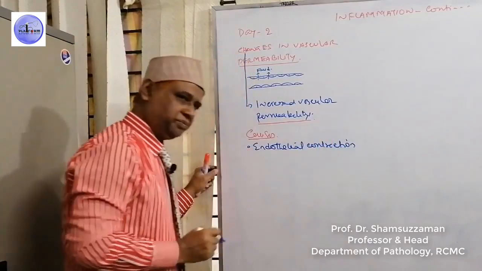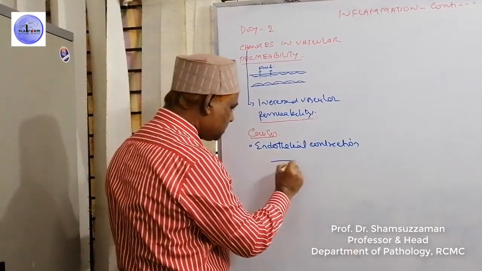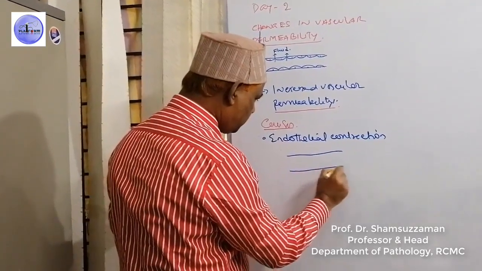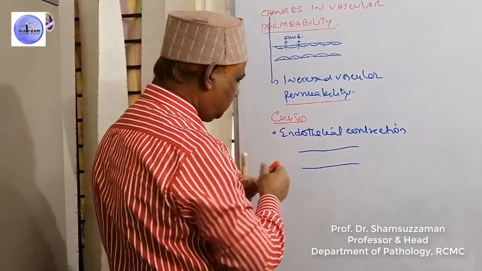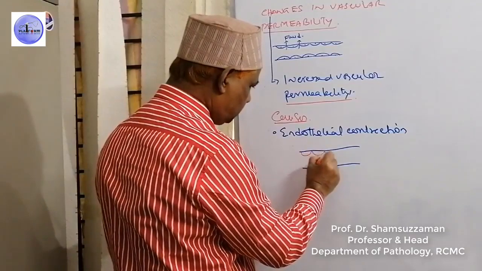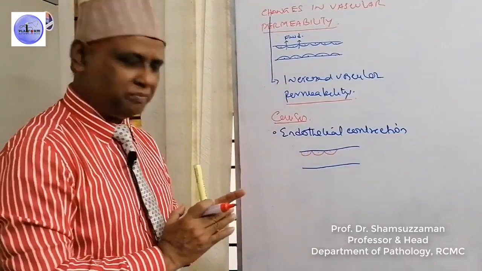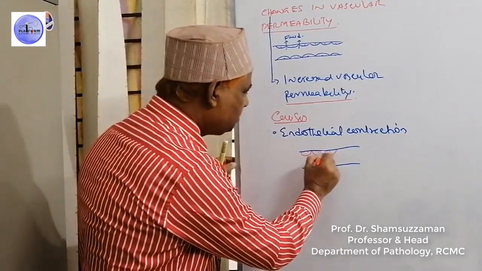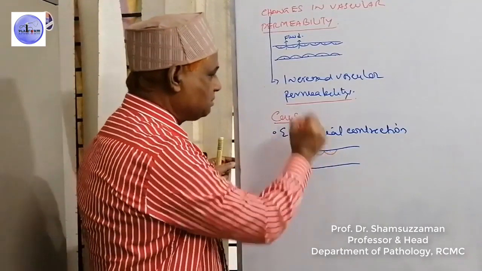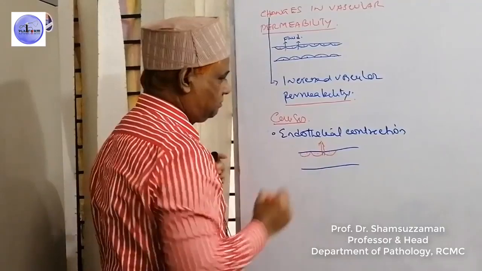Dear audience, suppose this is a capillary and this is the endothelial lining. If there is contraction of the endothelium, there will be an increased gap between two endothelial cells, and there will be increased vascular permeability.